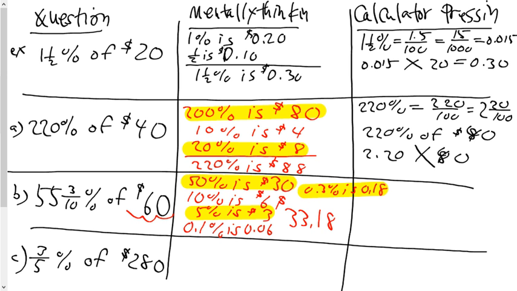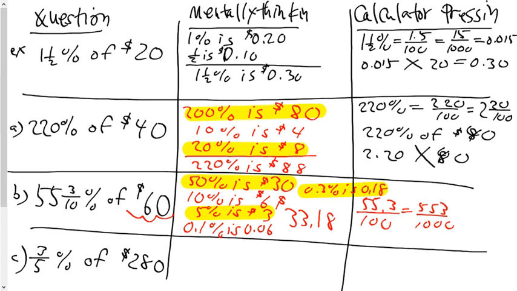55 3/10%. Notice how I changed the fraction to a decimal. So 55 3/10% is 55.3 over 100. Can't have decimals in my fraction, so I'm going to multiply it out by making an equivalent fraction.